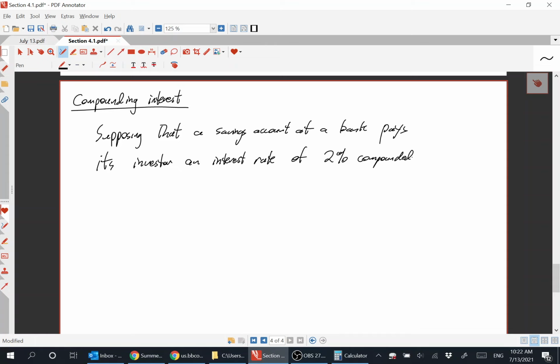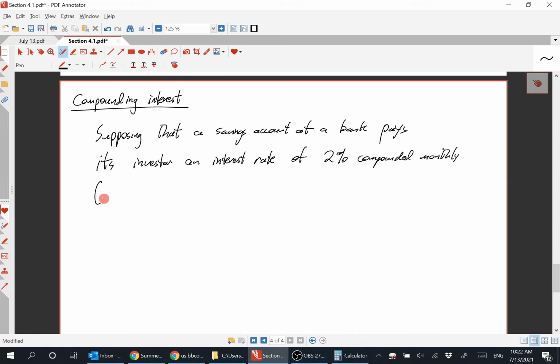So 2% compounded yearly, compounded quarterly, compounded monthly. Usually it's monthly. Compounded monthly, compounded daily. So many compounding periods per year. So let's say compounded monthly.